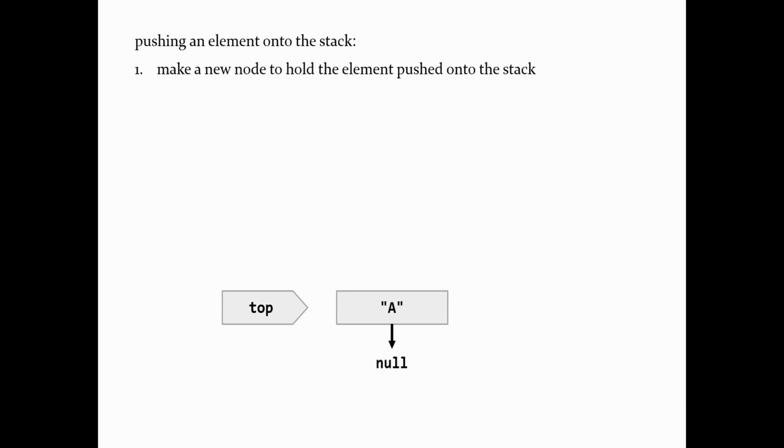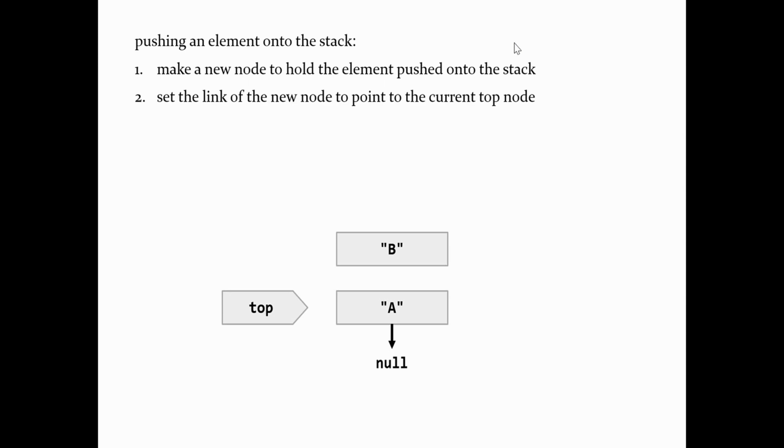If I want to push an element on top of the stack, what do we do? I make a new node to hold the element that's being pushed onto the stack. I make a new node, and I'm going to store the string B in that node. Now every node has a link in it, so I'm going to link that node to the old top of the stack.